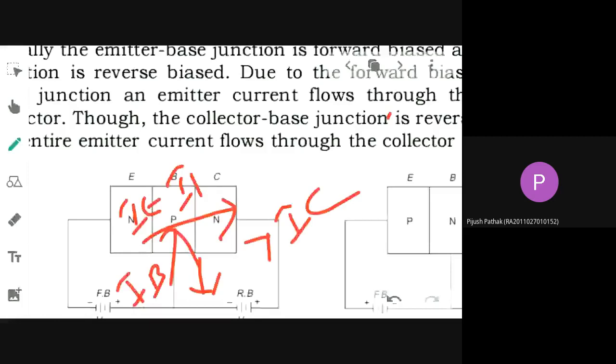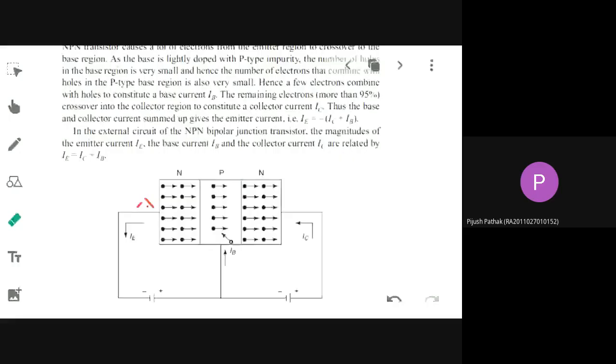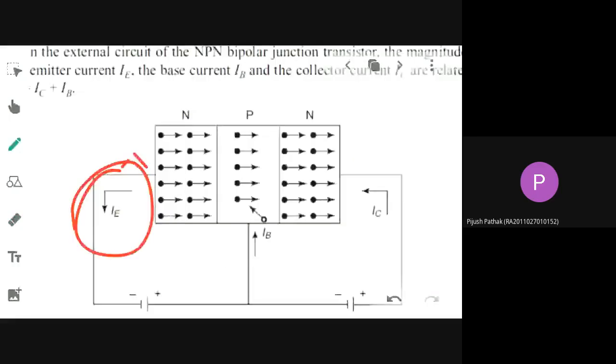So if you write the equation, you can see for yourself. So IE is equal to what? What is the direction of all the three currents?